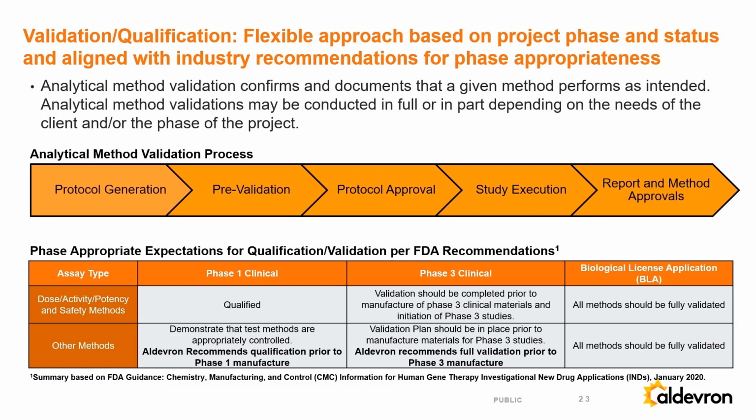We would want to validate a method once we get into phase 3 and look toward a BLA. That's the general approach Aldevron has taken. It's quite helpful to our clients to set them up for success, not over-engineering what we need to do from a method validation and qualification perspective, but still delivering a high-quality product.